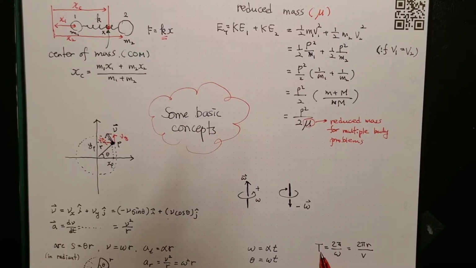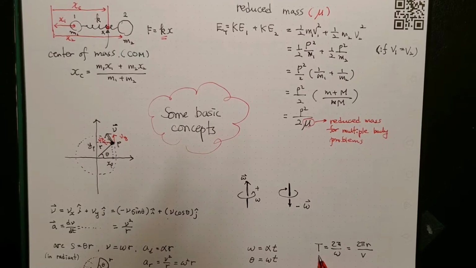So this is a time, the time it takes to make a full turn. Out of 2 pi, the whole turn, you divide by the angular velocity, right? So the angle distance equals velocity times time.